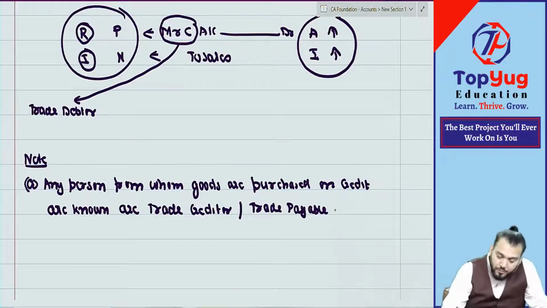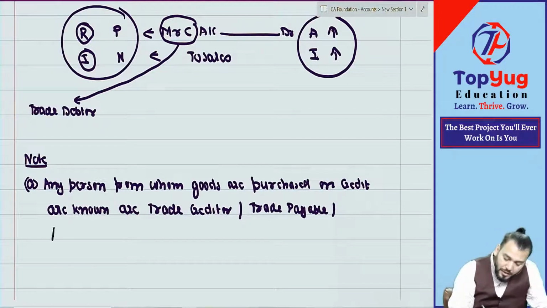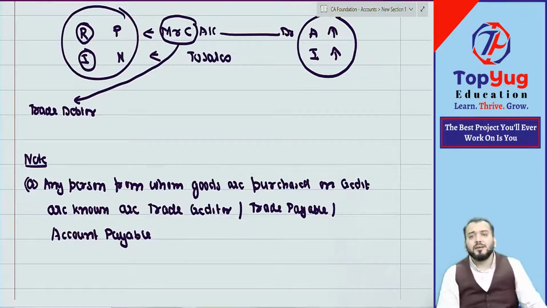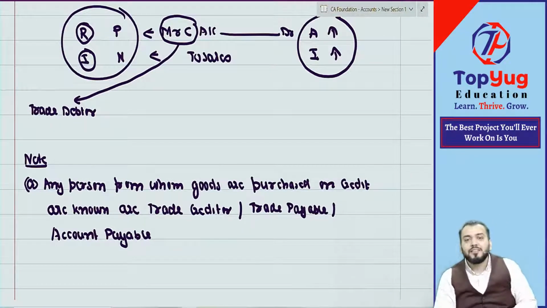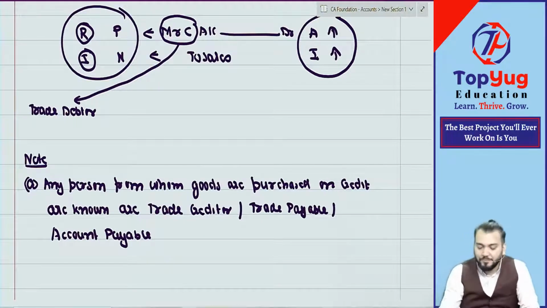Understood? Or we call them account payable. Sometimes we'll use the word account payable, sometimes trade payable, sometimes creditor. All are the same.